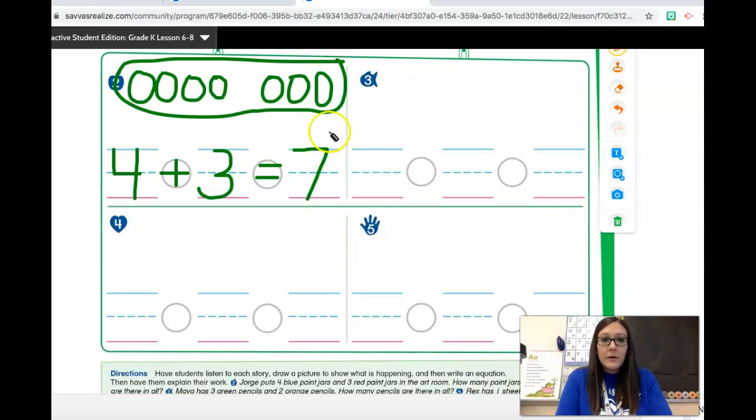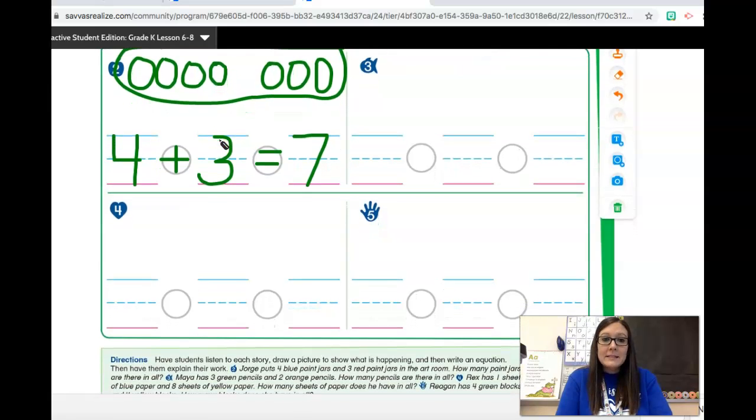Look what we did. We have a picture and a math sentence that matches. Great job.